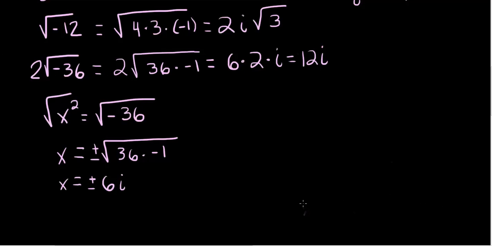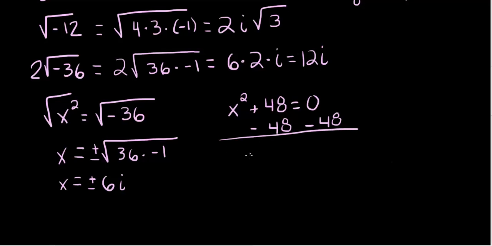Let's try another one. Let's try x squared plus 48 equals 0. So we're solving for x, so I'm going to subtract 48 from both sides. That's going to give me x squared equals -48. Then we square root both sides.